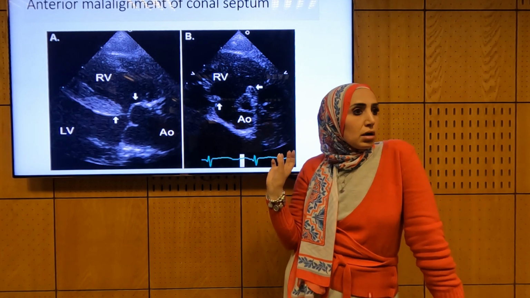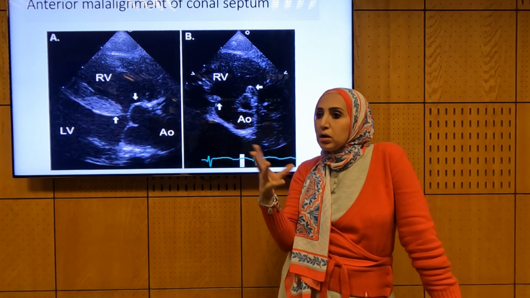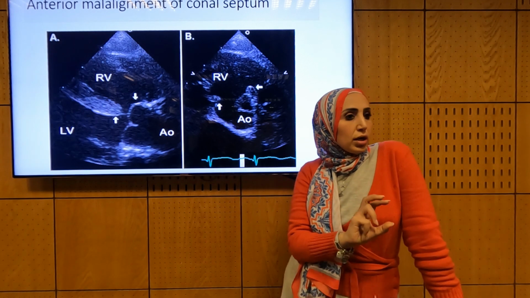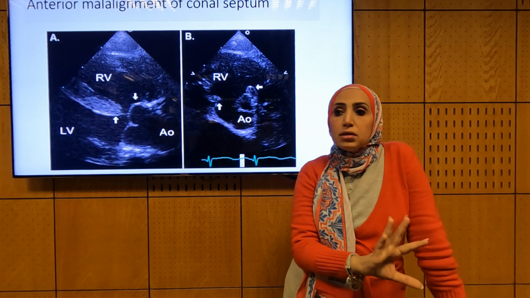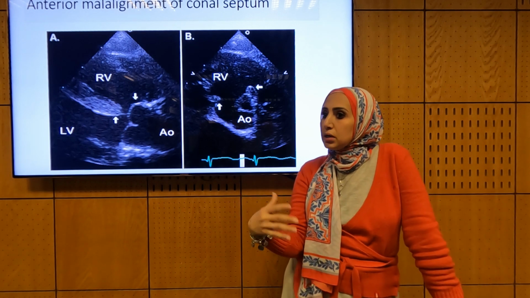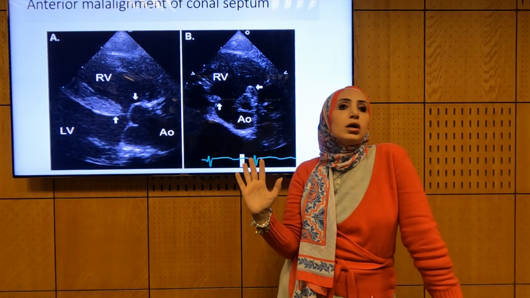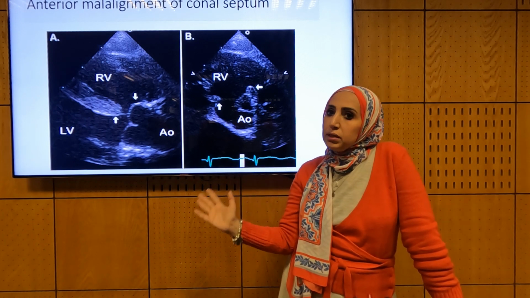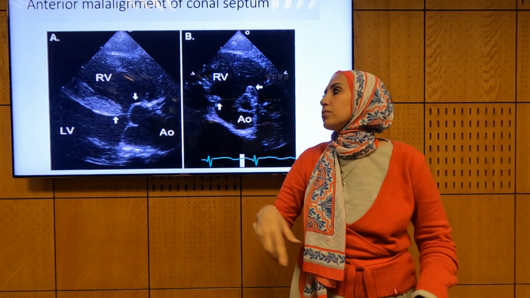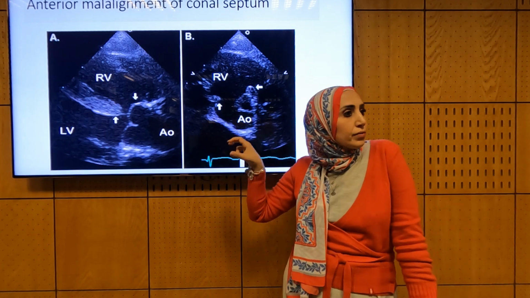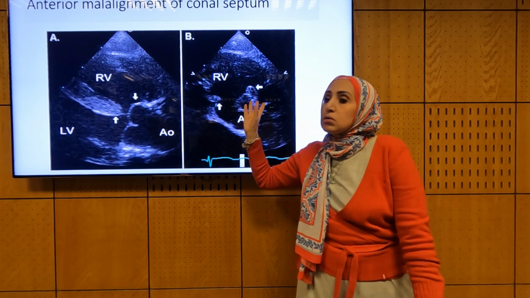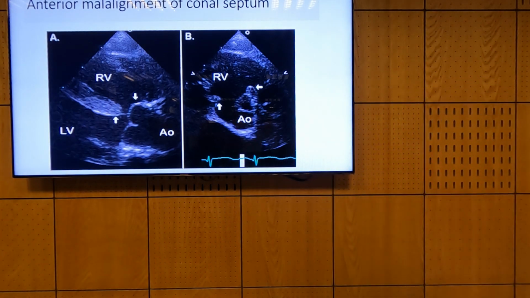So now this VSD becomes part of another category. Regardless of the hemodynamic effect of this VSD, we are now talking about tetralogy of Fallot, and the indication for repair will be in this lesion of tetralogy of Fallot, not because of the hemodynamic effect of this VSD. So with the anterior malalignment, we have the category of tetralogy of Fallot.